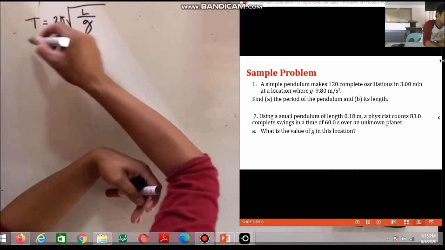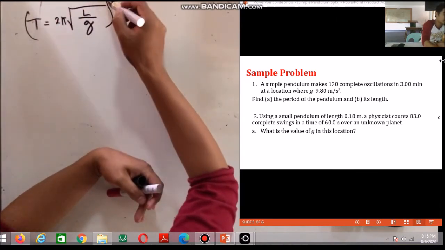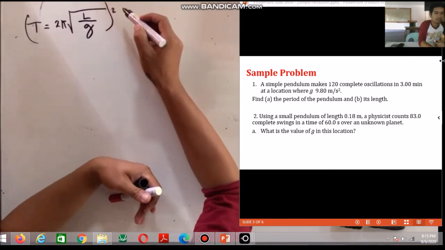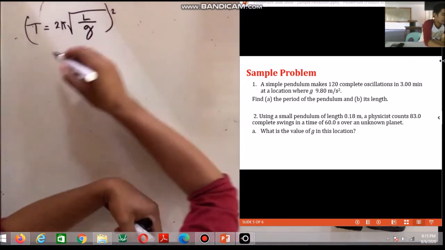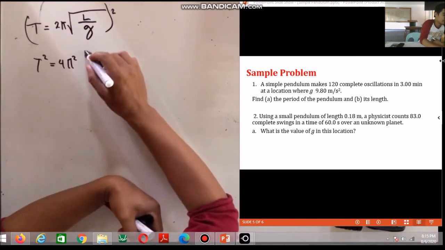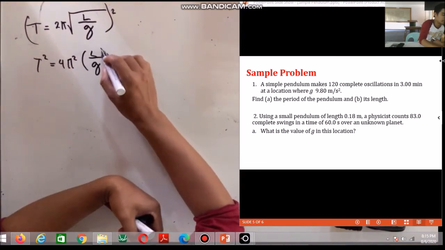So we will square each side. Okay, so we have T squared equals 4 pi squared times L over g.